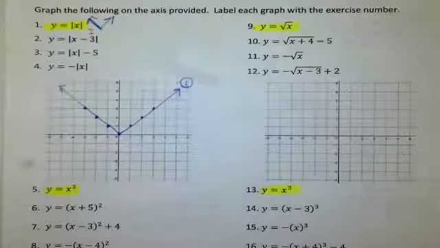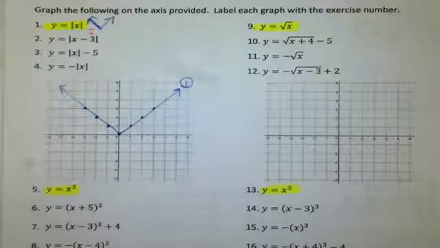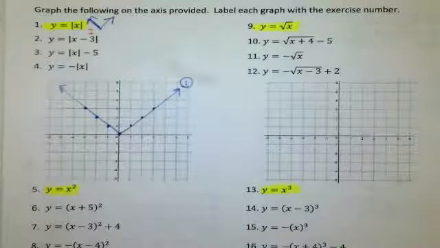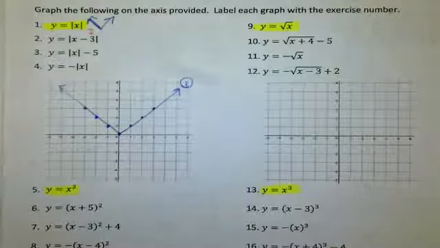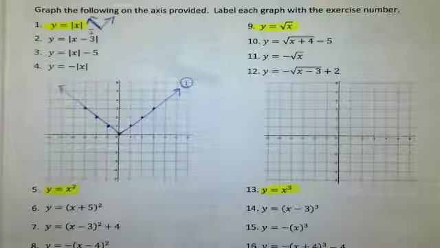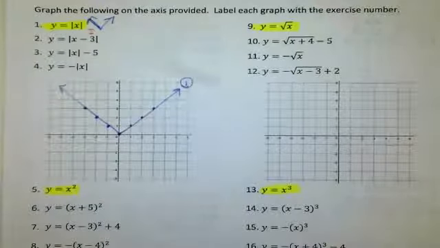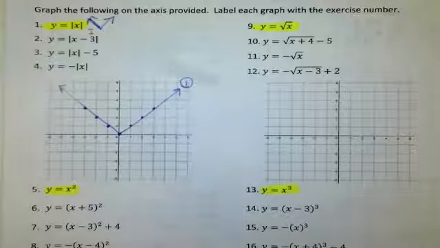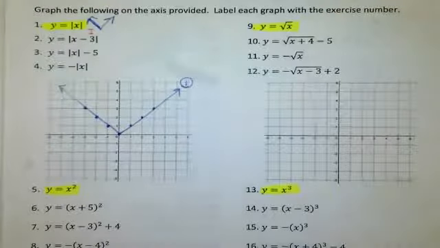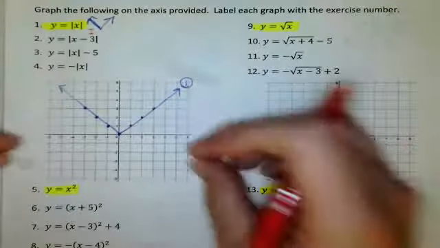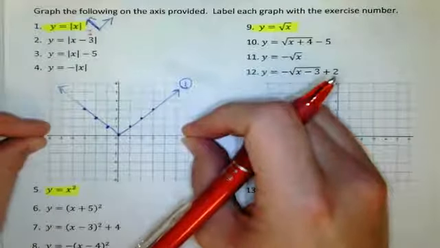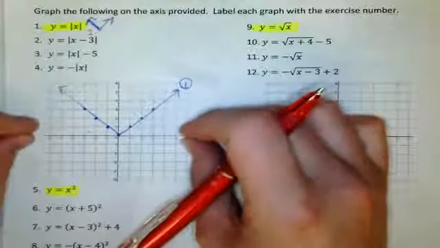You can see that it's inside the absolute value. The absolute value is the function. When numbers are on the inside of the function, it always affects the x values. It's inside with x, so it's going to affect the x values, or the x-axis, and the x-axis runs left and right.